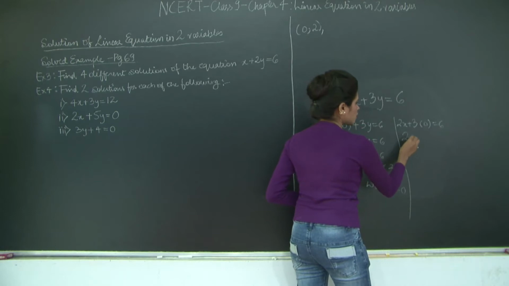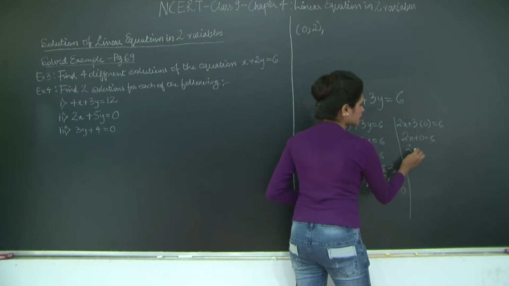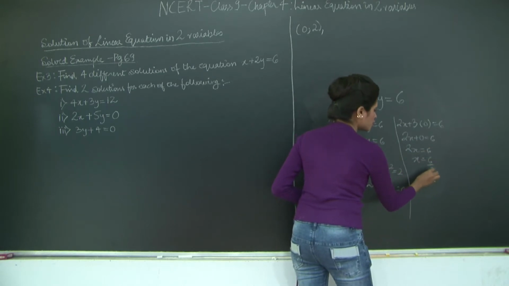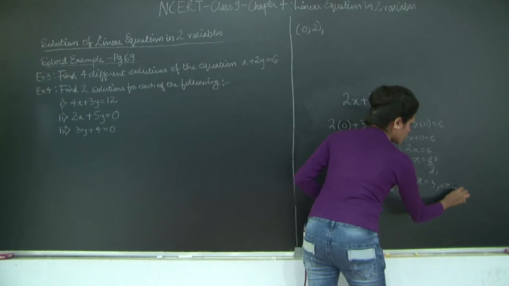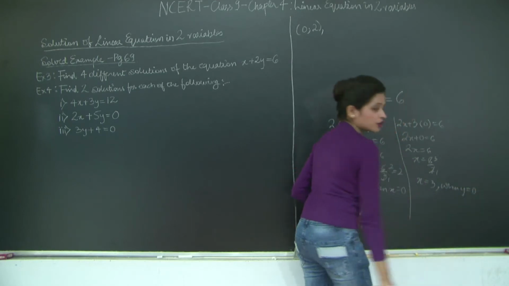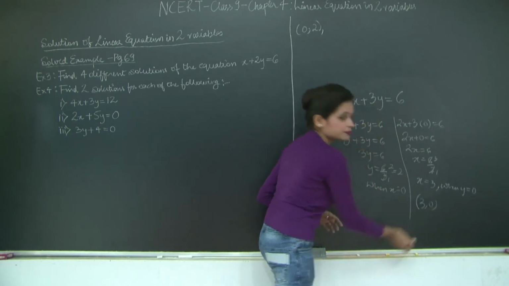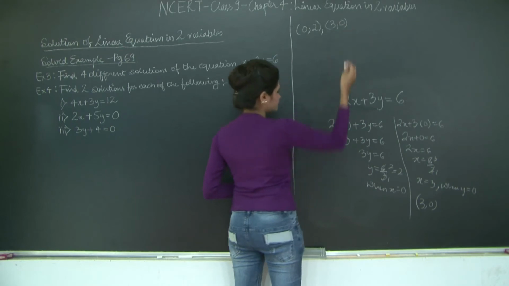So what do I get? 2x plus 0 is equal to 6, which is nothing but 2x is equal to 6, which means x is equal to 6 upon 2. So 2 threes are 6, x is equal to 3 when y is equal to 0. So what is your solution in this case? It's 3 comma 0, right? So we have another solution, 3 comma 0.